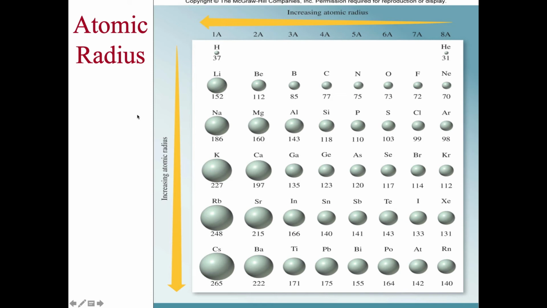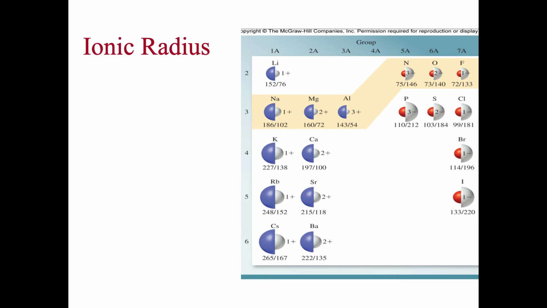Or according to the electron configurations, 1s, 2s, 3s, 4s, 5s, etc. Left to right on the periodic table, the atom gets smaller due to effective nuclear charge. Top to bottom, the atoms get larger due to adding more shells, and that's atomic radius. Let that soak in just for a minute.